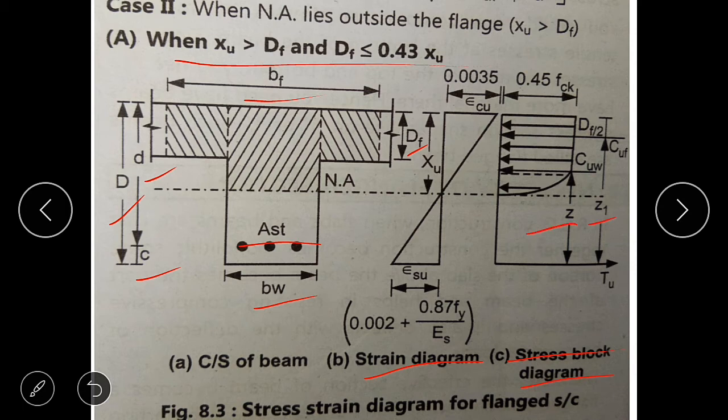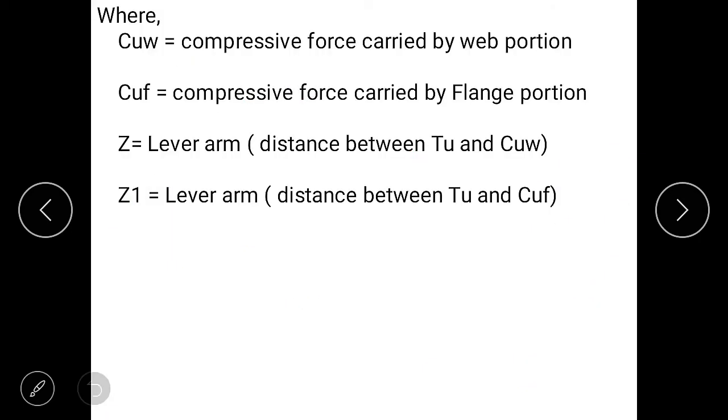Here you have to use Z and Z1, lever arms. Z is the distance between Tu and Cuw, and Z1 is the distance between Tu and Cuf, where Cuw is the compressive force carried by the web portion and Cuf is the compressive force carried by the flange portion.